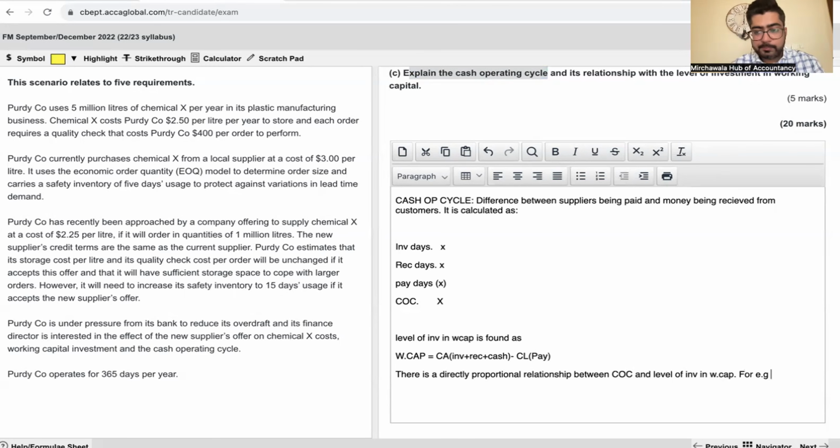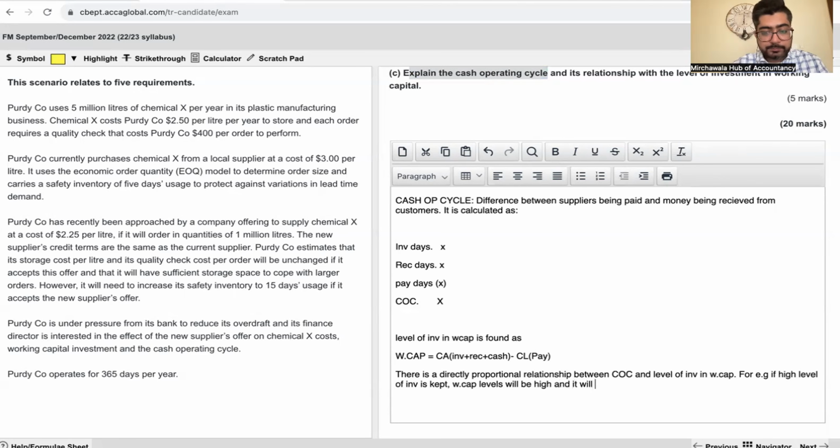For example, if a high level of inventory is kept, working capital levels will be high. Obviously, if inventory is more, this inventory figure is more. So current assets will be more, working capital will be more, working capital will be high.